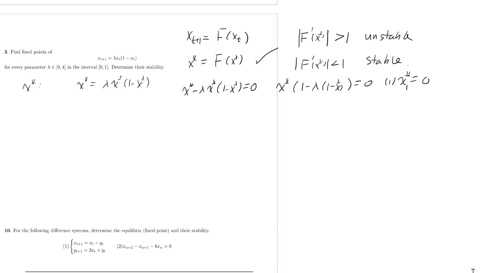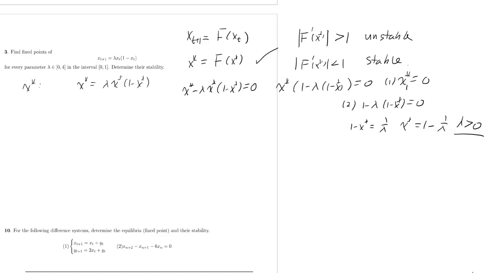Let's call this x star 1, and the other x star 2. Then you have 1 minus lambda times 1 minus x star equal to 0, so 1 minus x star is equal to 1 over lambda, and x star is 1 minus 1 over lambda. Usually our lambda is bigger than 0, so we don't have a 0 denominator over here.